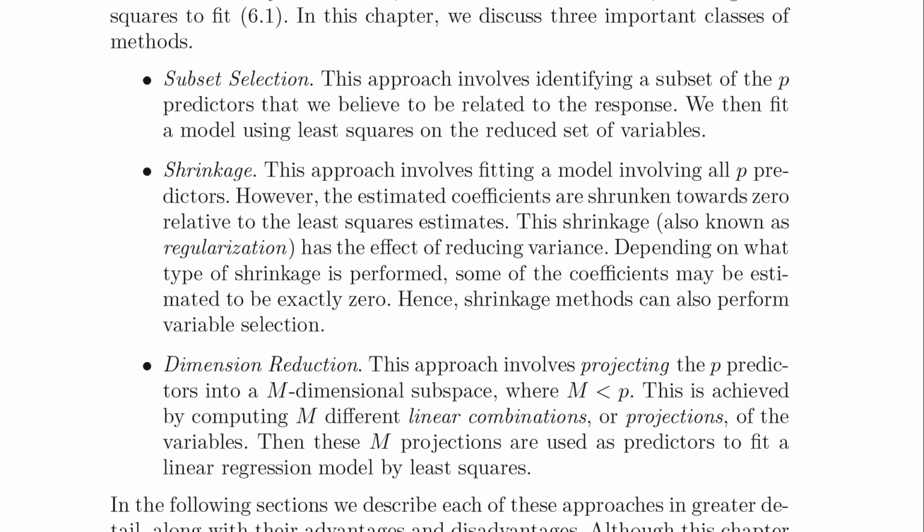Subset selection. This approach involves identifying a subset of the P predictors that we believe to be related to the response. We then fit a model using least squares on the reduced set of variables. So you're still using least squares, but there's a step before that where you actually might decide to exclude some of the predictor variables available to you from the data set.